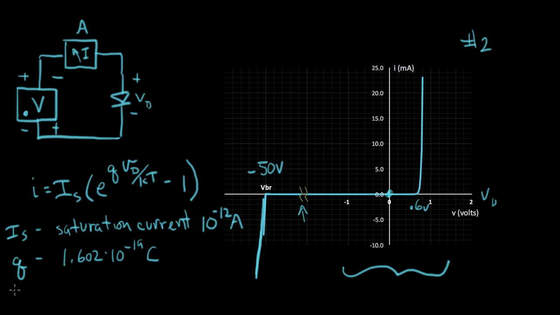K is Boltzmann's constant. That's a small k usually. And that equals 1.38 times 10 to the minus 23 joules per Kelvin.